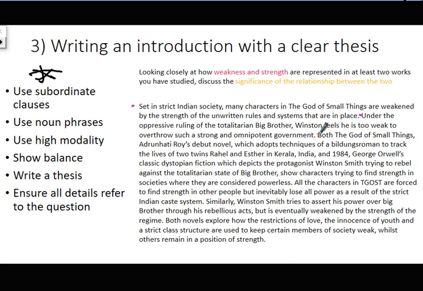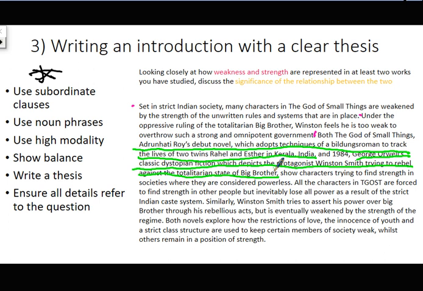Then we address both of the novels and give embedded clauses as well to give extra information. So if I just highlight the embedded clauses, so both The God of Small Things, extra information, and 1984, extra information. Show characters trying to find strength.